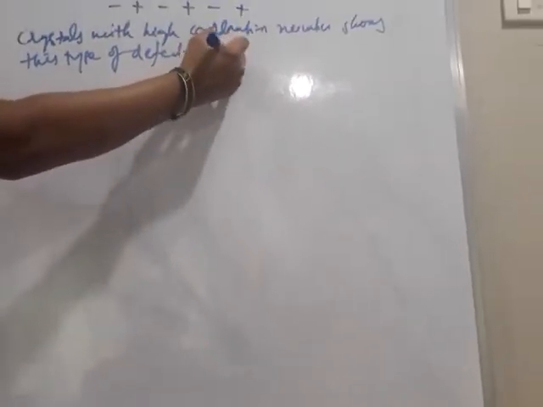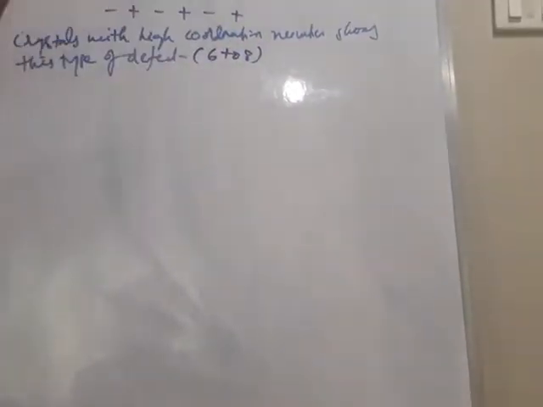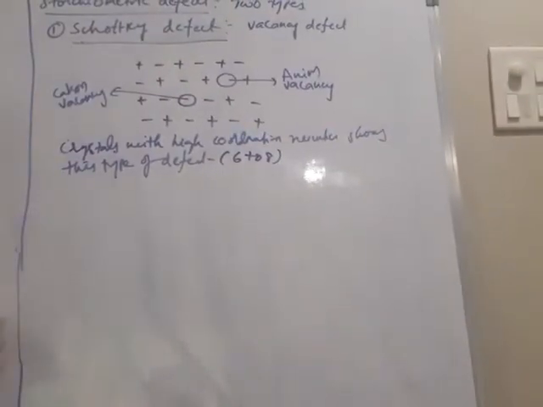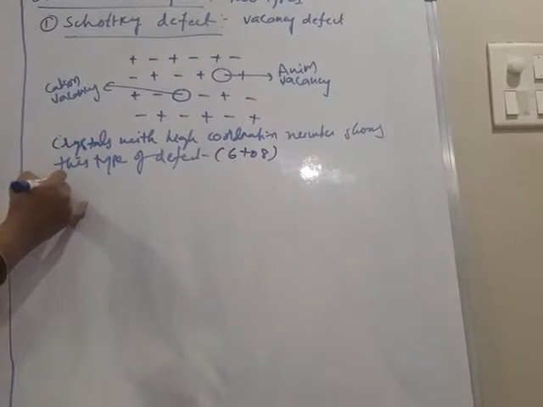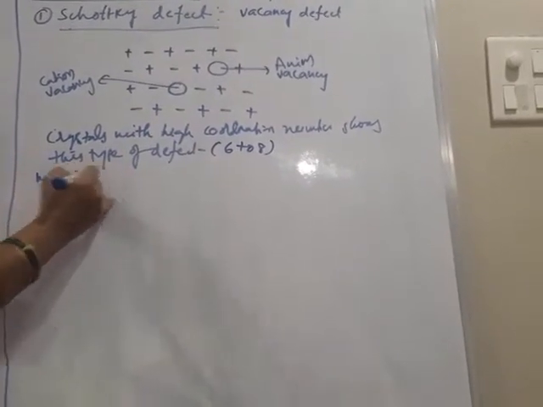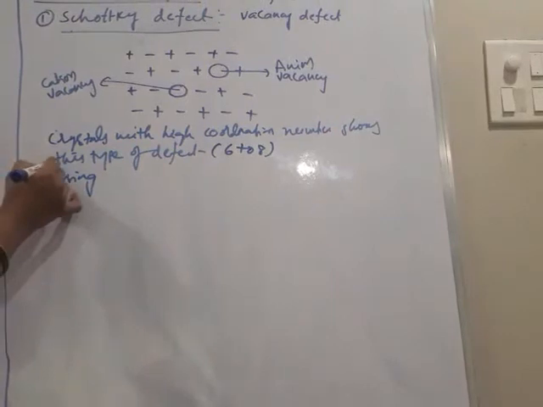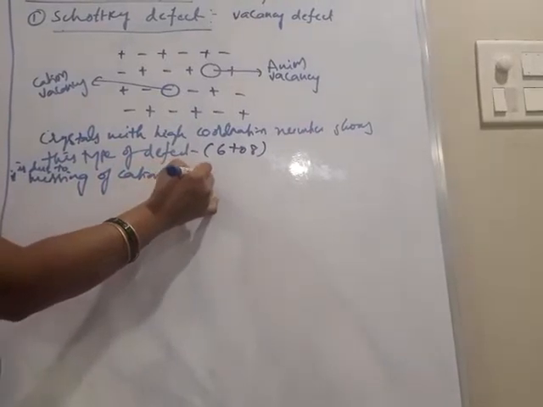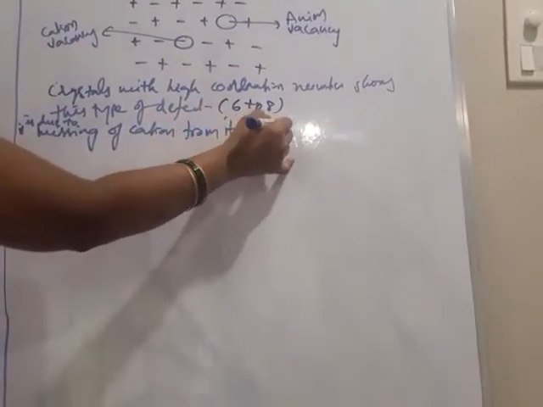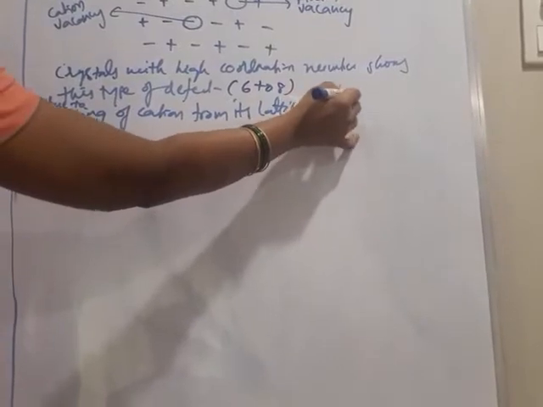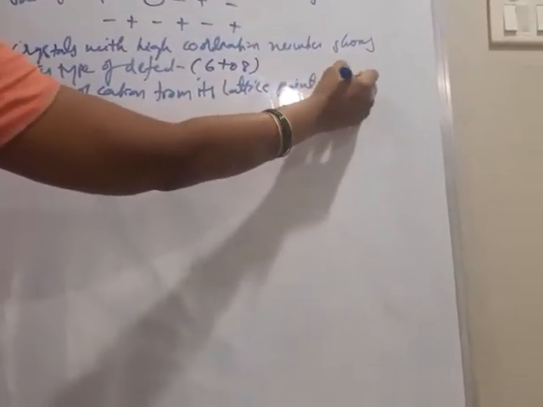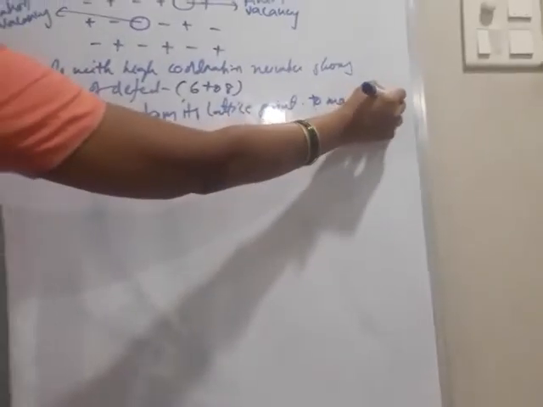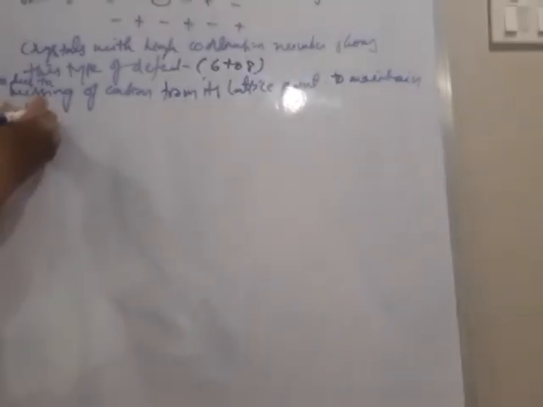So crystals with high coordination number show this type of defect. High coordination number is generally 6 to 8. And stoichiometric defect, which is Schottky defect, arises due to missing of cation from its lattice point, to maintain electric neutrality.